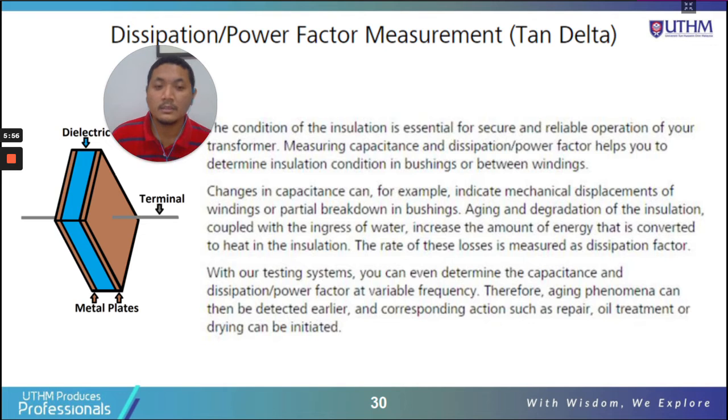That's the idea, because the main reason we do this test is to monitor, evaluate and assess the condition of the insulation. Is the insulation condition still good, or has it deteriorated? That is what we want to do with the tan delta test. Basically, we want to evaluate the condition of the insulation.